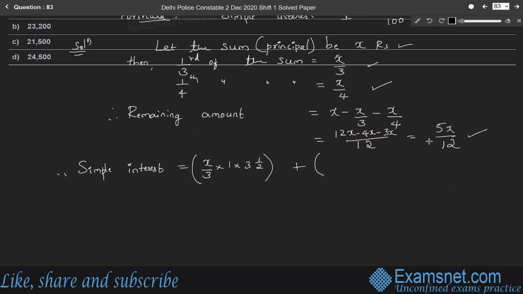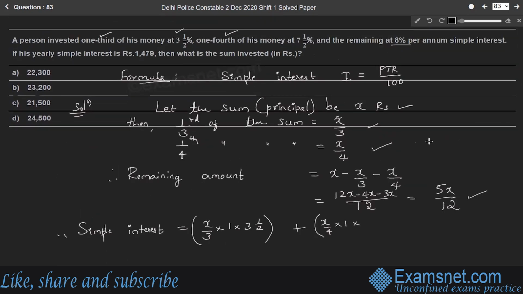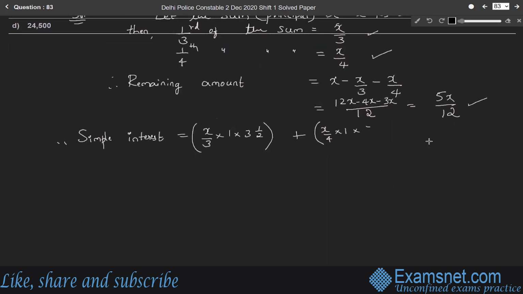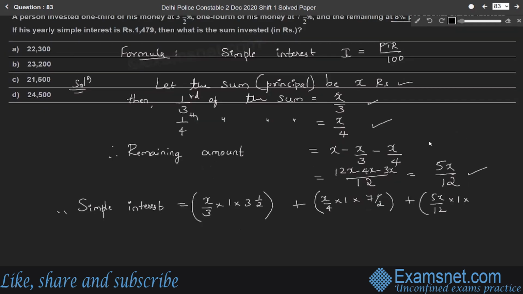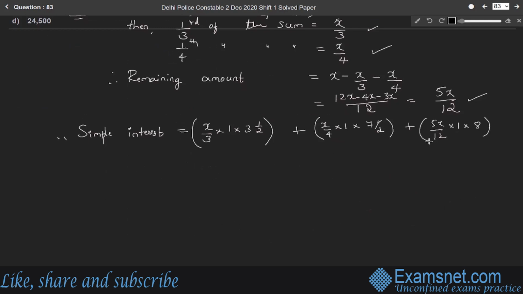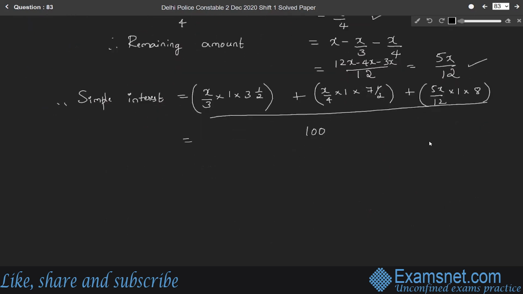So in the second case, the sum is X by 4, time is 1 year, into rate of interest. So he invested 1/4 of his money at 7.5% rate. So 7.5% plus. So the remaining amount is 5X by 12, right? Into the time period 1, into the rate 8%, whole divided by 100. So simplify it.